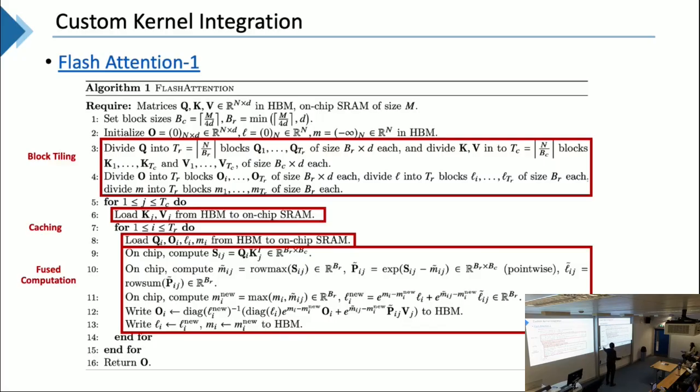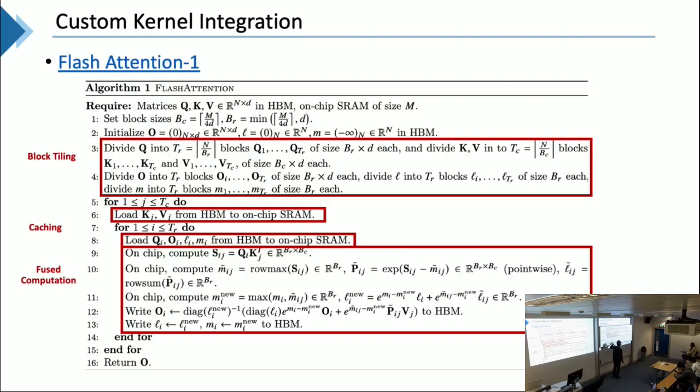And we do this fused computation, which means all the computation here is performed in on-chip memory. All these sub-blocks are already available in SRAM, which we can access very quickly. And then when the result is ready, we just transfer it back to the global memory.